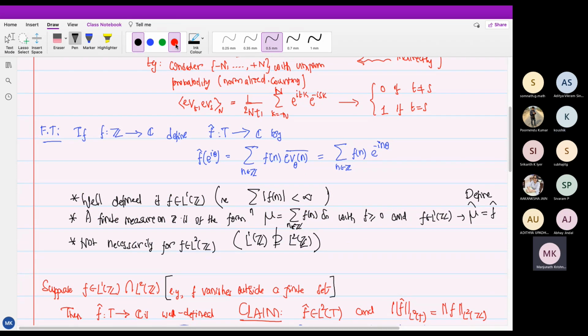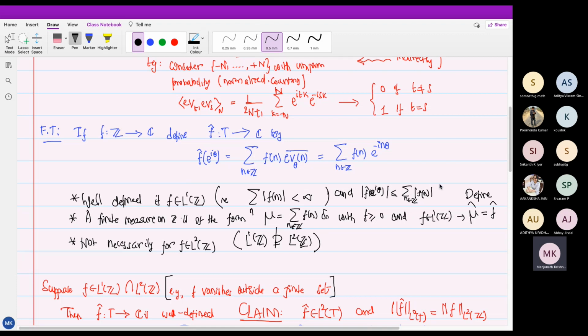So the point to note here is that it's well defined. For L1 functions we had defined the Fourier transform like this, and in fact we see that f hat of e to the i theta pointwise is bounded by the sum of mod f of n.